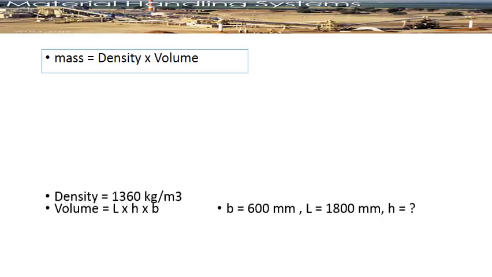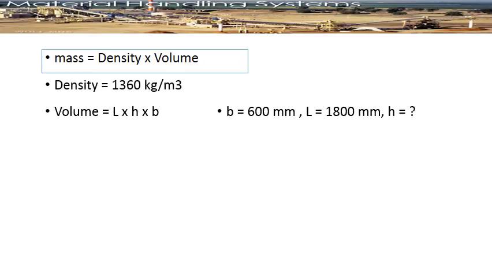So we know that the mass is equal to density multiplied by the volume. The density is considered to be 1,360 kilograms per cubic meter. So the volume is equal to the length multiplied by the height multiplied by the width. In this case, the width is given, the length is given, but the height is unknown.